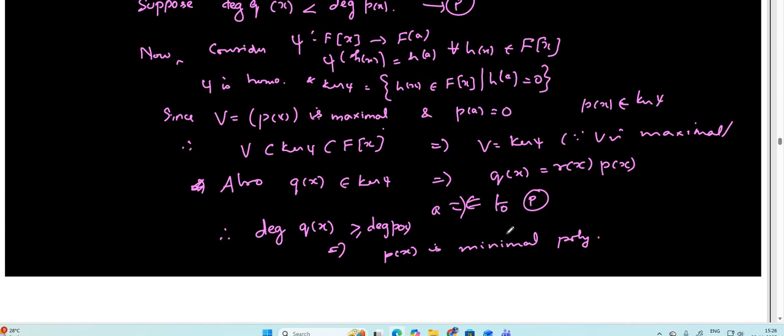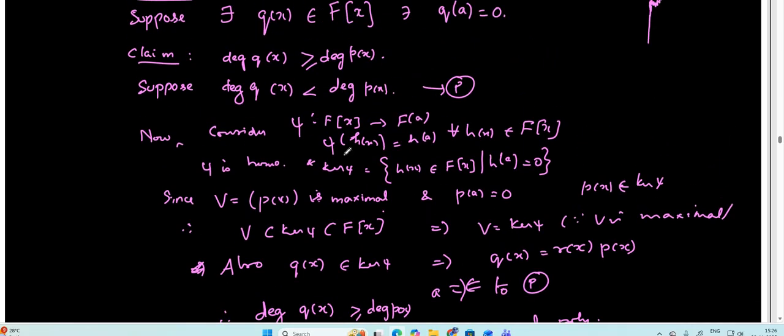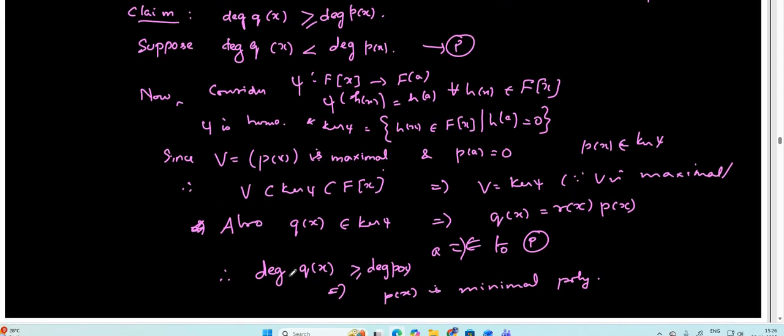But this is a contradiction to statement P, in which you have assumed that the degree of q(x) is less than the degree of p(x). So your degree of q(x) should be greater than or equal to the degree of p(x).